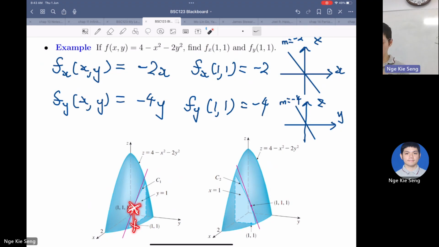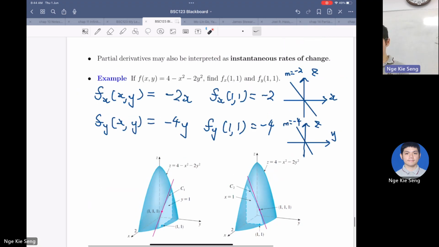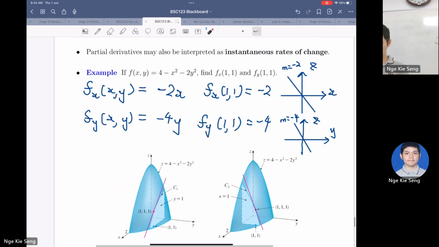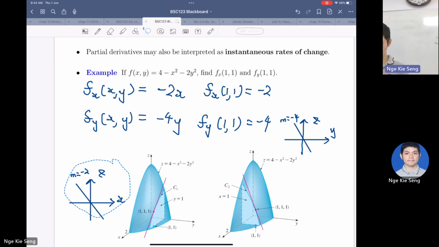In the direction of x, the surface curves in this way, and there's a tangent line here. Can you see that this diagram actually represents the slope here? You have to match up the axes.